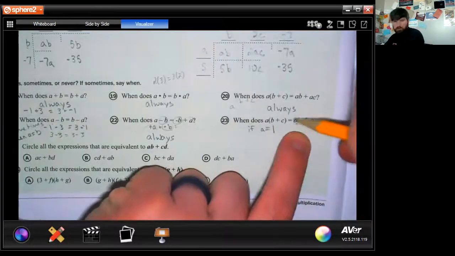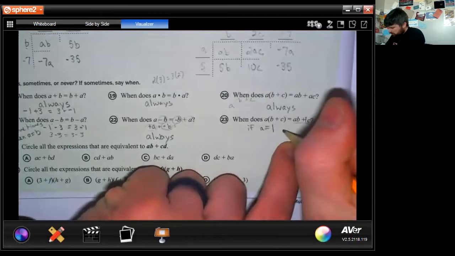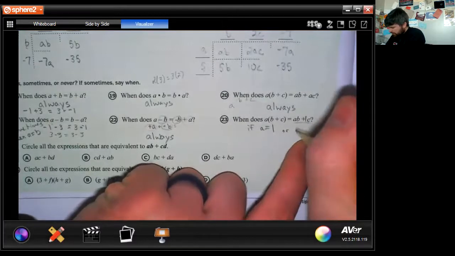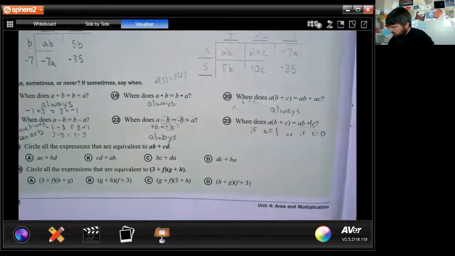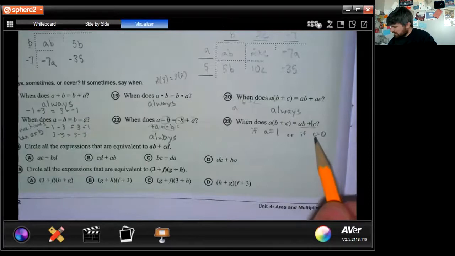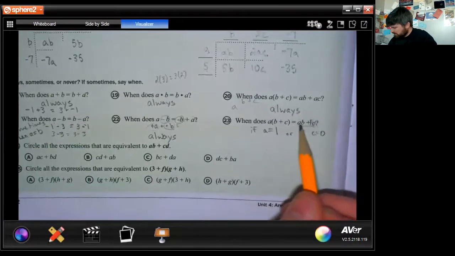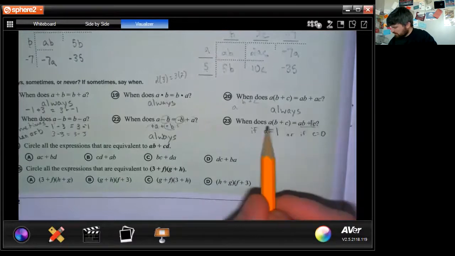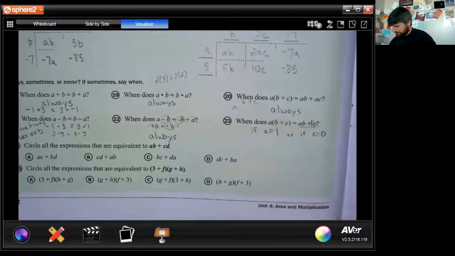I don't know why they would put the a there if a was 1. Or if c equaled 0. Okay, those are two really tricky cases that would probably be hard for you to go through and find. But if c is 0, this goes away, and I just have this. Okay, and I would get a number here, but I wouldn't get a number there.